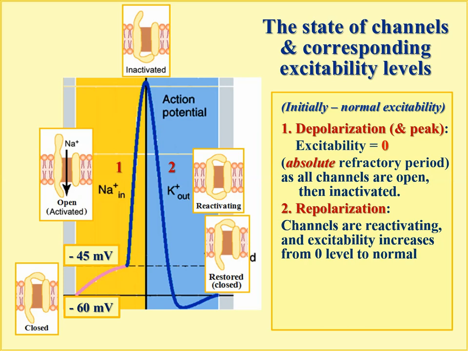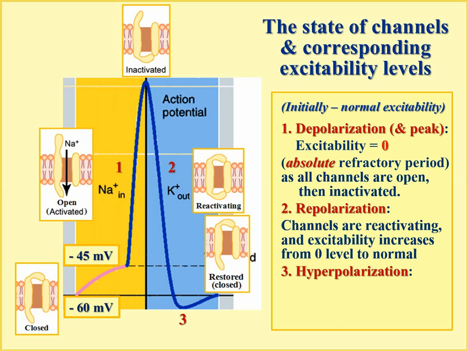So during the initial part of repolarization, when channels are reactivated, excitability increases from zero level to normal. And so this is decreased excitability until the moment when we reach full excitability. And here I omit a little portion of the last repolarization part when excitability exceeds normal, but we'll come to this in the next slide.